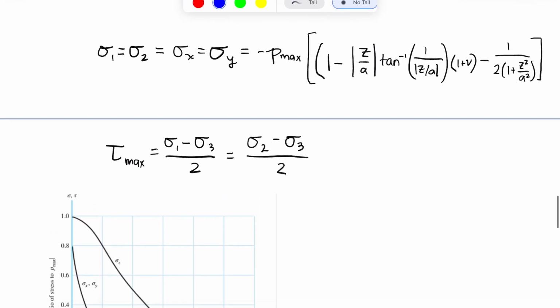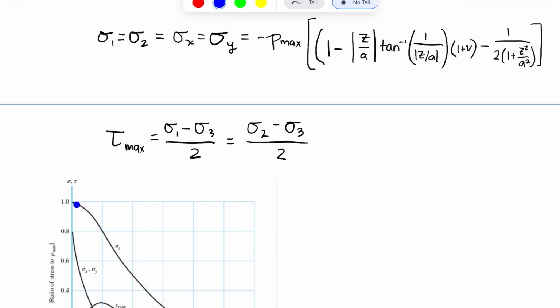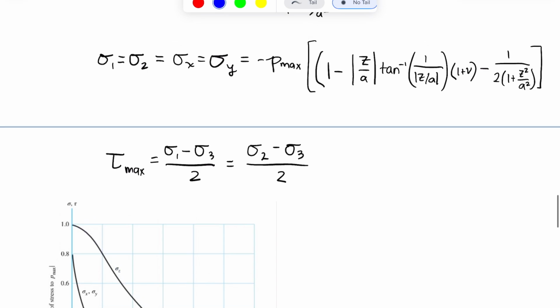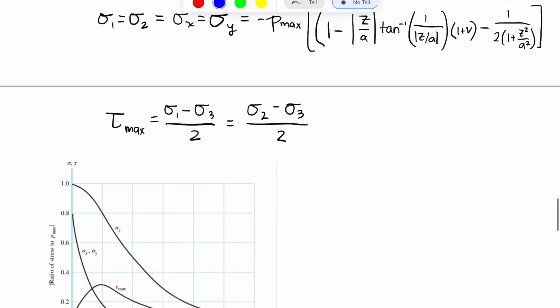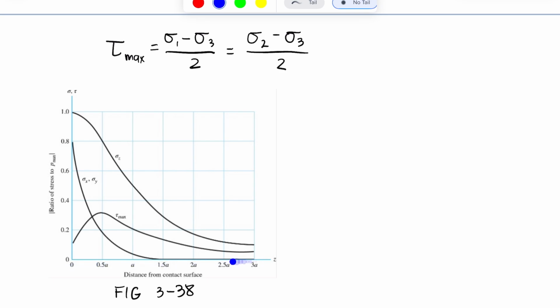So sigma z is maximum, right? That's just plotting this equation here as a function of z, which is the distance from the contact surface. That's what's on this x-axis. And then on the y-axis, of course, is magnitude of stress. We have that sigma x and sigma y are equal to one another, and they're plotted on this line here.